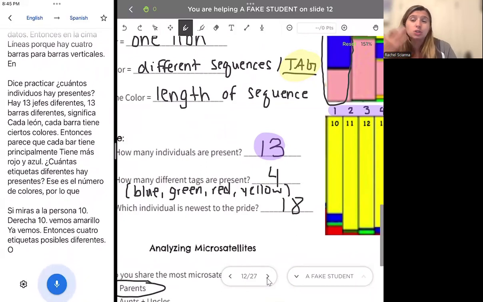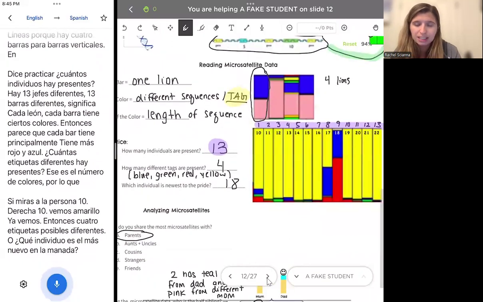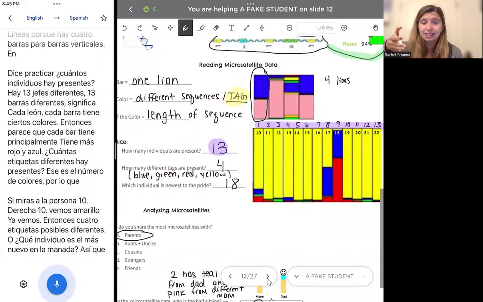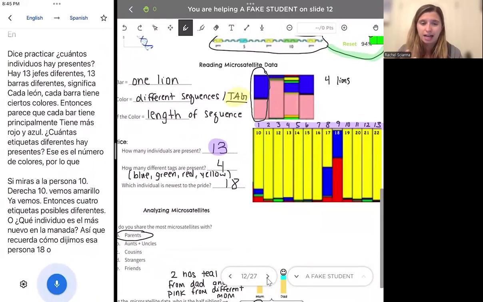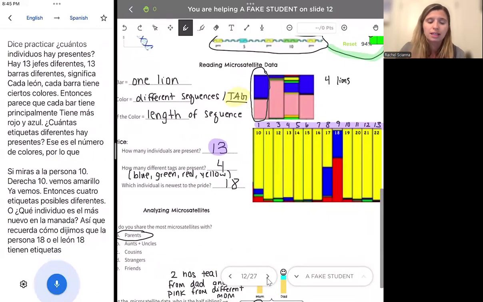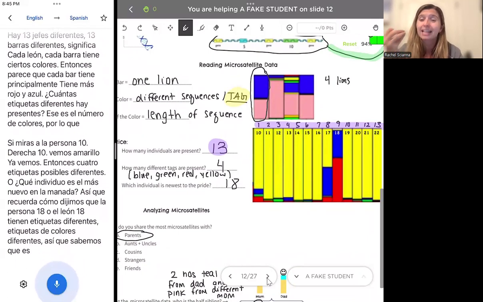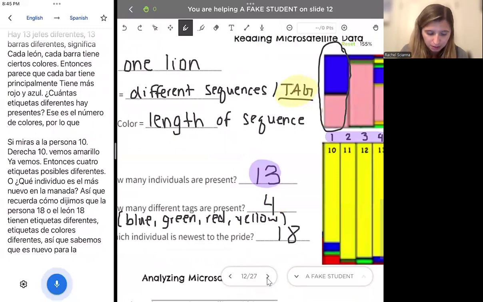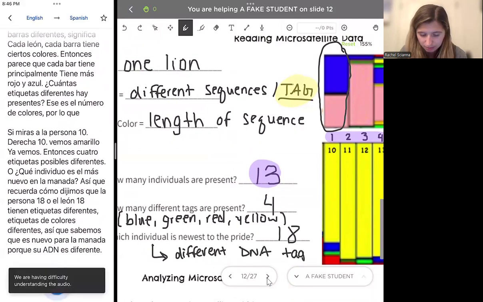Which individual is newest to the pride? Remember how we said that lion 18 has different color tags. So we know that it is new to the pride because its DNA is different. So we can write different DNA tags.